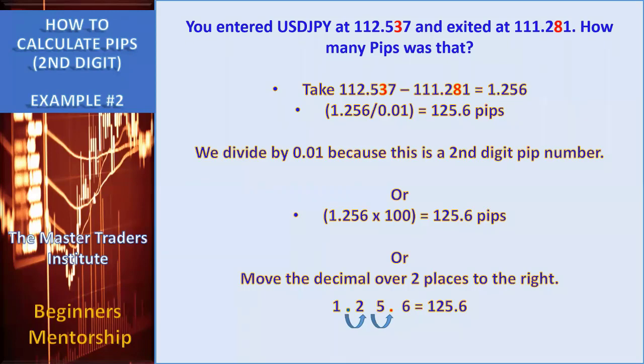For the other pairs, it is the 4th digit after the decimal place, which is why you move your decimal point 4 places to the right. In this case, it is 2 digits after the decimal place, which is why you move your decimal point 2 places to the right. So I hope it's understandable so far.